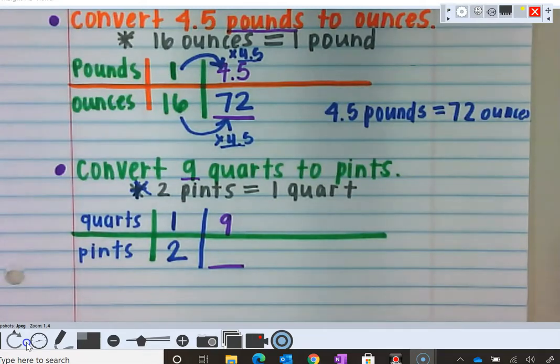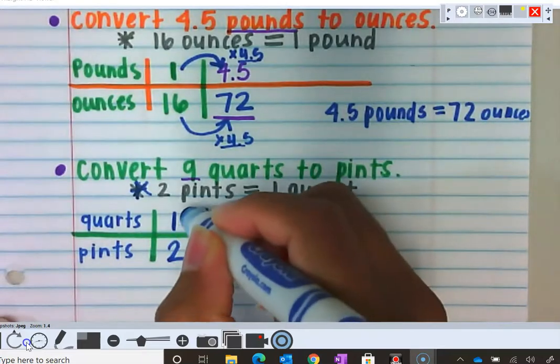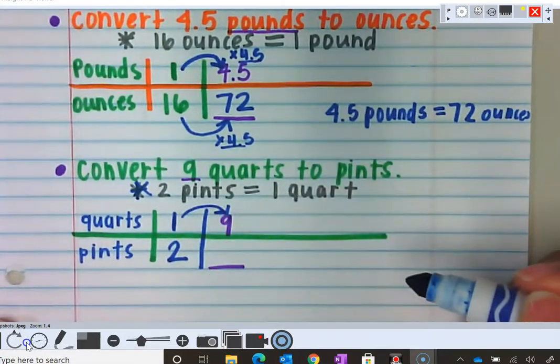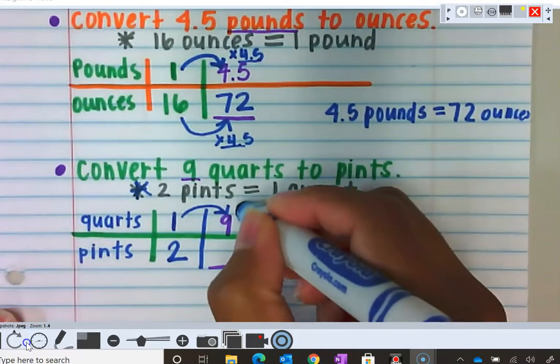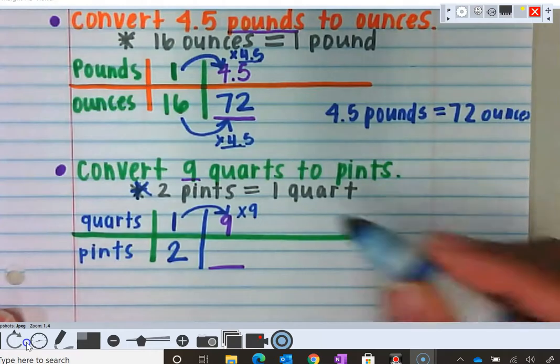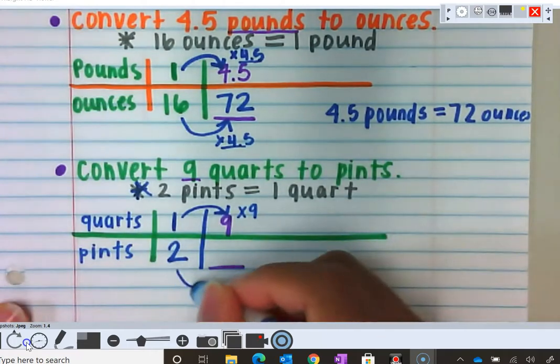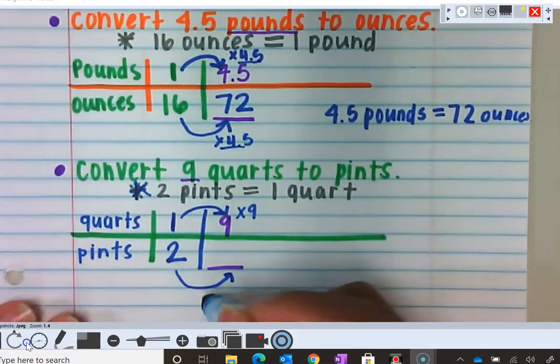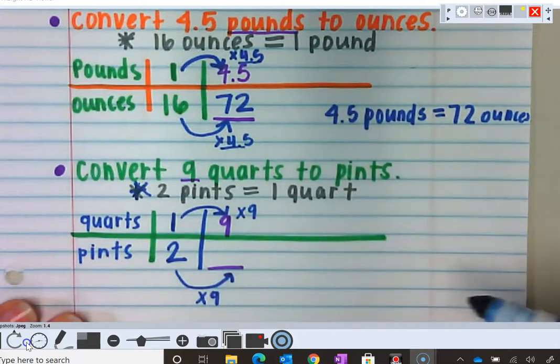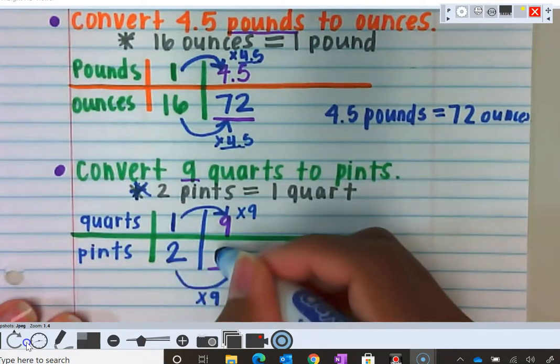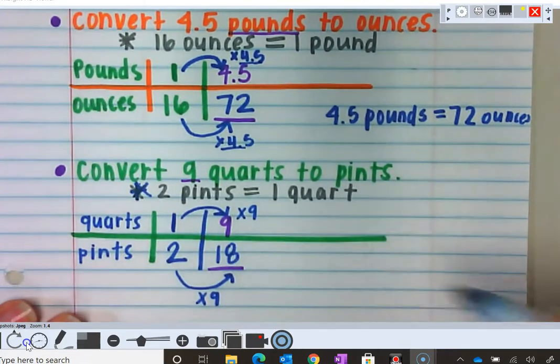Well, let's look at the relationship of the numbers we know. 1 to 9, we can multiply by 9. And if I do that at the top, I can also do that at the bottom. Times 9. And 2 times 9 is 18.